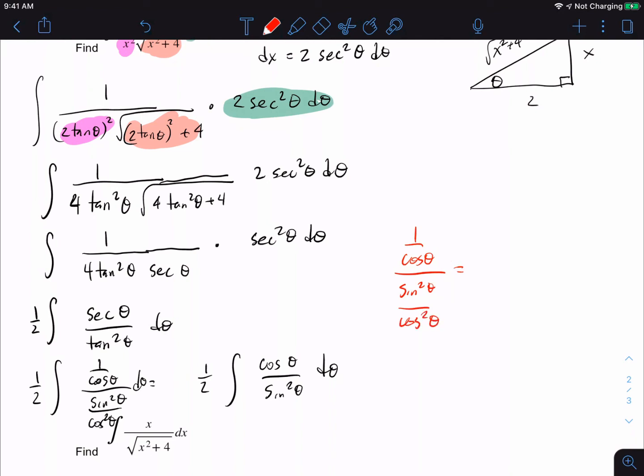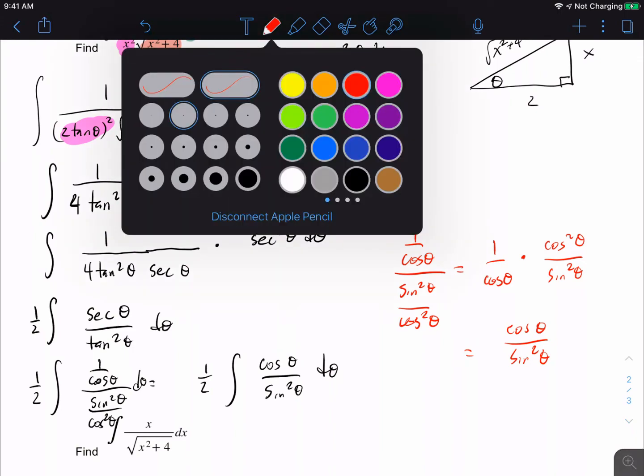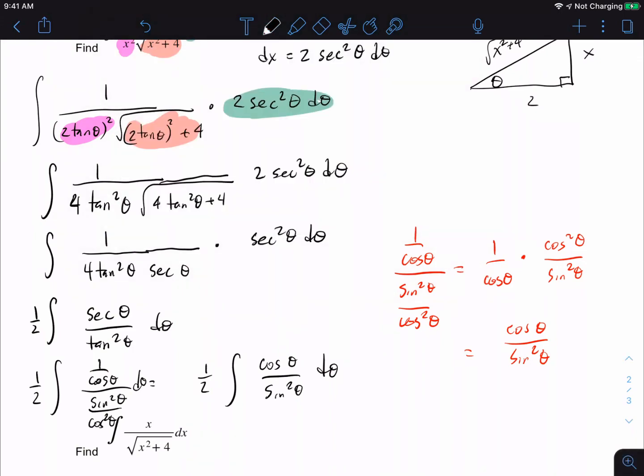When you divide by a fraction, you go 1 over cosine theta times the reciprocal. The cosines are going to cancel, and so I'm going to have a cosine on top and a sine squared in the denominator. And that is this piece right here. Is that okay?